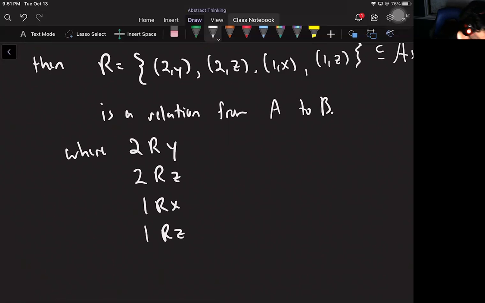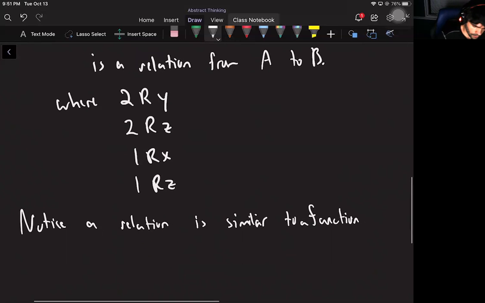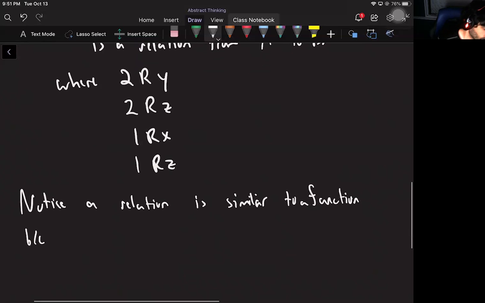So what we can sort of see already happening is how it looks like a function, because you can sort of think of this as an assignment. So notice that a relation is similar to a function, because what we're still doing is assigning elements to elements, in this weird way.